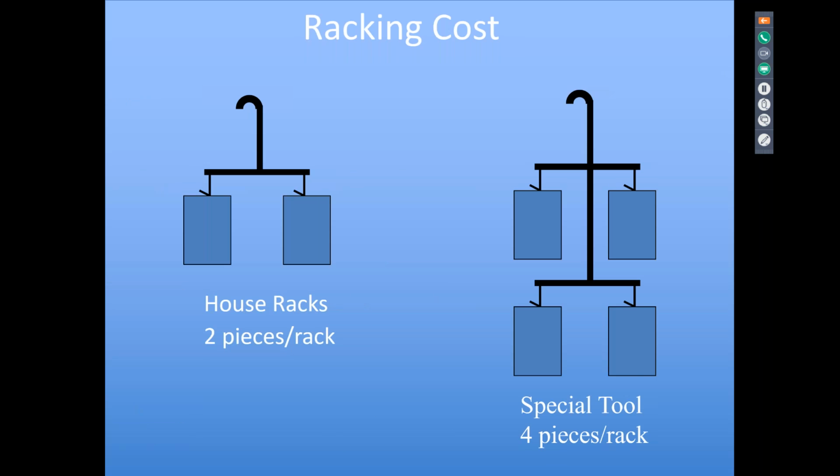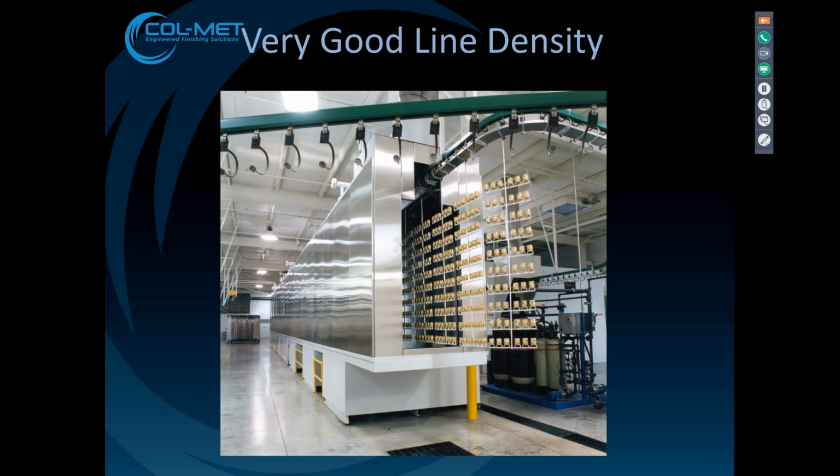From the previous scenario, we had house racks, 2 pieces a rack, special tool, 4 pieces a rack. You can see the benefit there in this illustration. Here's just another picture of dense racking. The dense racking equates to high output and better transfer efficiency for this customer.